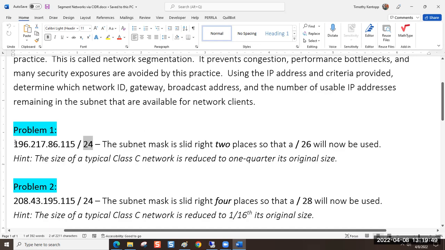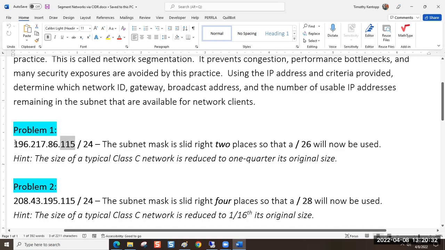So if you have a client that's sitting on 196.217.86.115, and it's a /24 network, and you have an internet service provider that has to figure out, okay, now I need to build more networks, and I have this one network. If you do the operations we've already learned, a /24 means these 3 octets are used to identify the network, and we replace the last octet with 0.